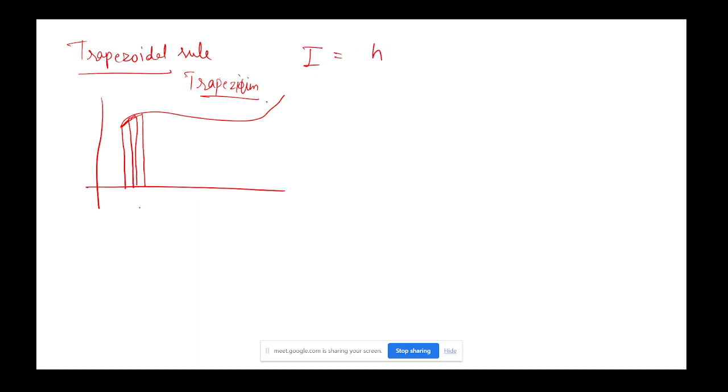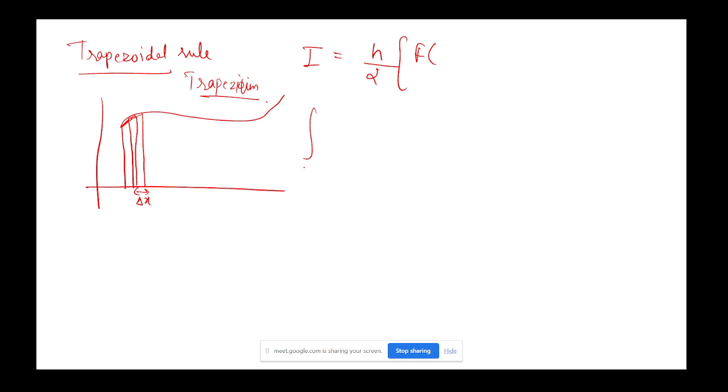So the final form of the integration I will be nothing but a summation. Here we divide into equal divisions, so delta x is common for all, so it will be h by 2 times.